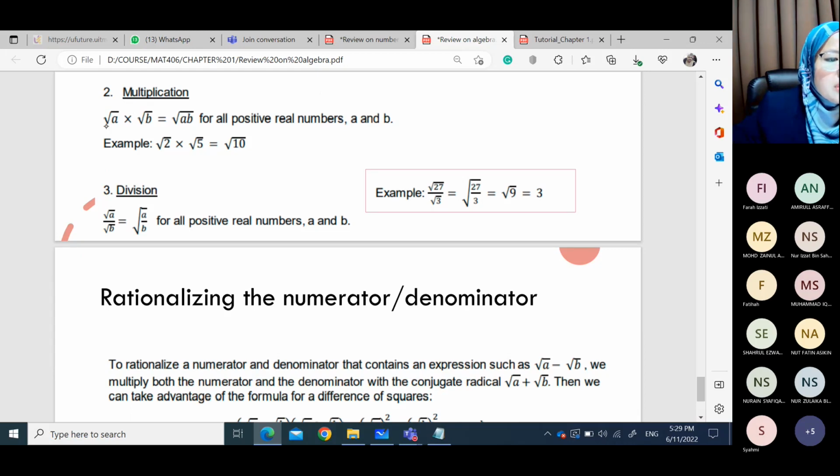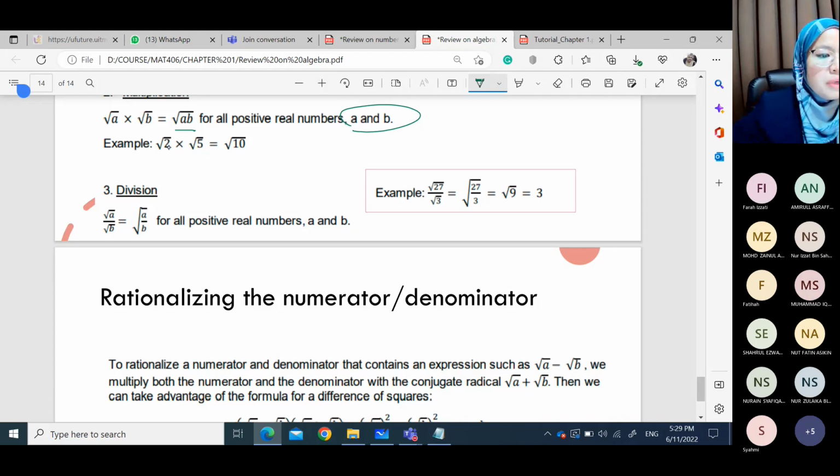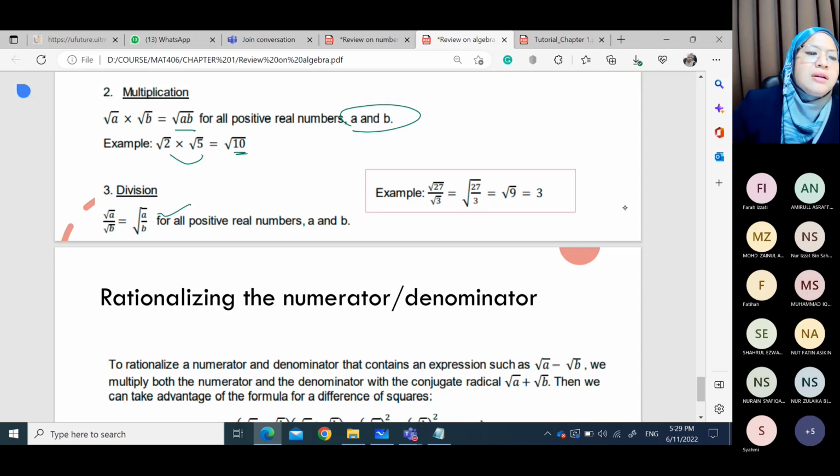So multiplication, root A times root B, it is equivalent with root AB for all positive numbers A and B. A and B must be always positive. And for example, we have square root 2 times square root 5, it is equivalent with square root 10, which is 2 times 5, we have 10. Okay. For division, square root A over square root B, it is also equivalent with this one. Square root of A over B. Okay. A dengan B mestilah positive integer.